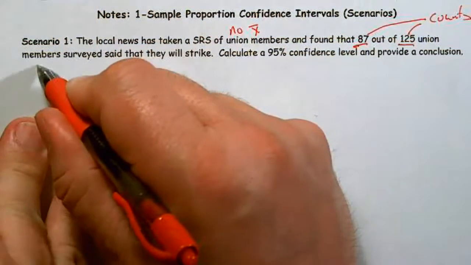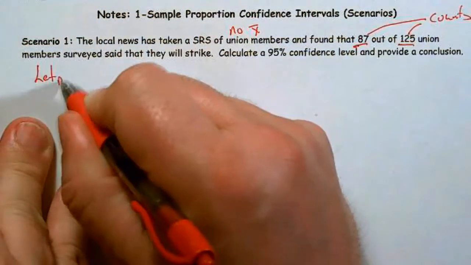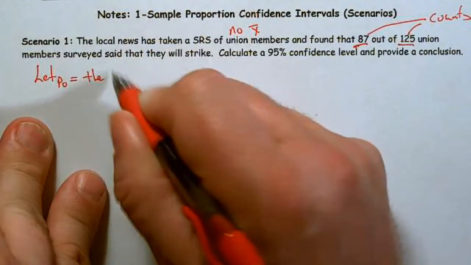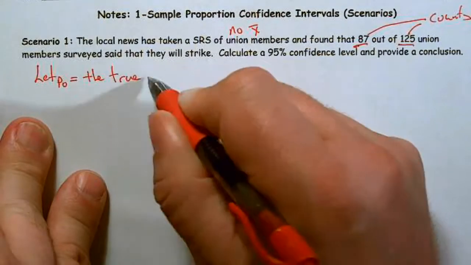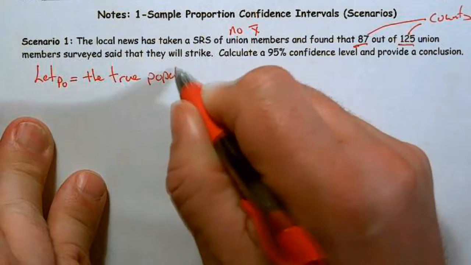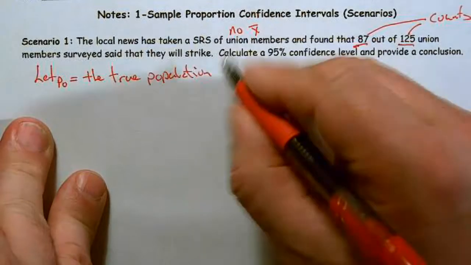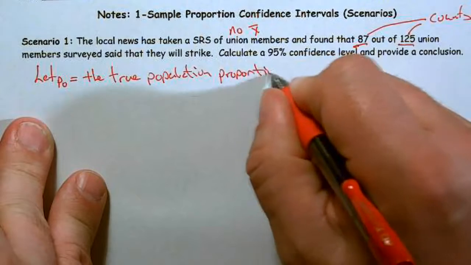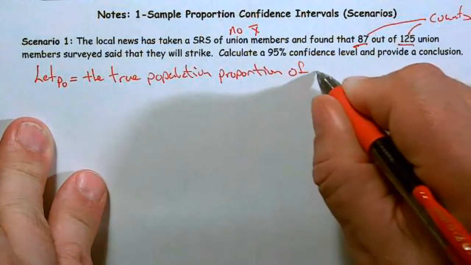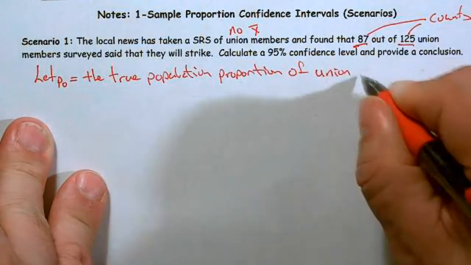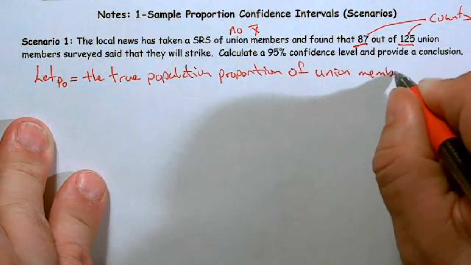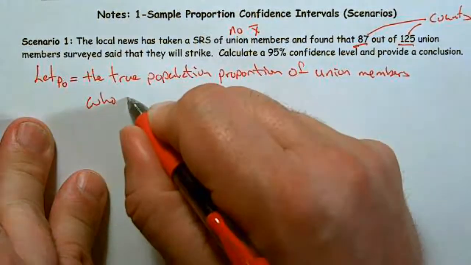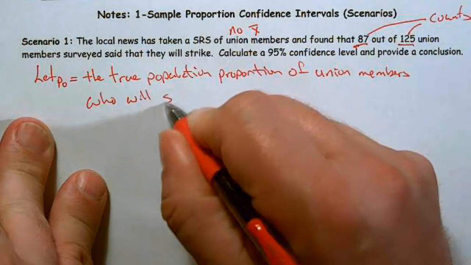So let P naught equal the true population proportion of union members who will strike.